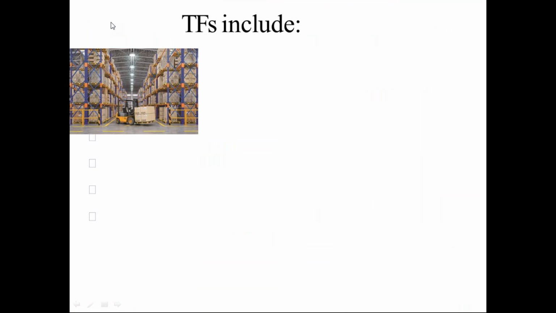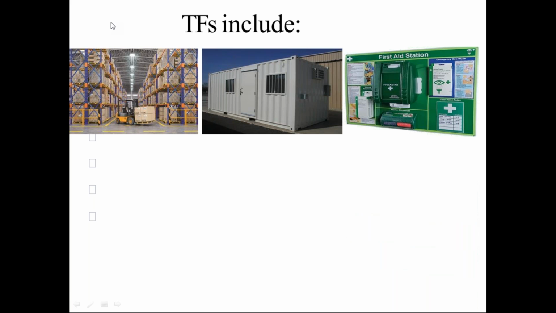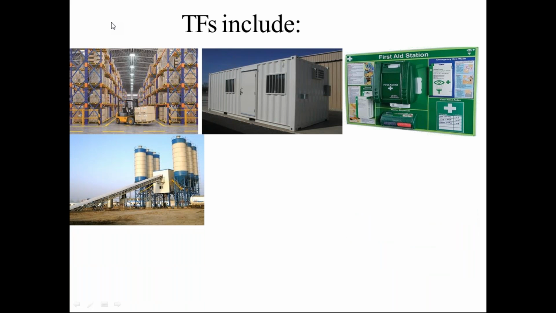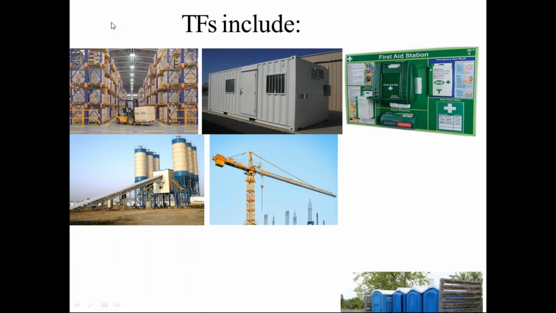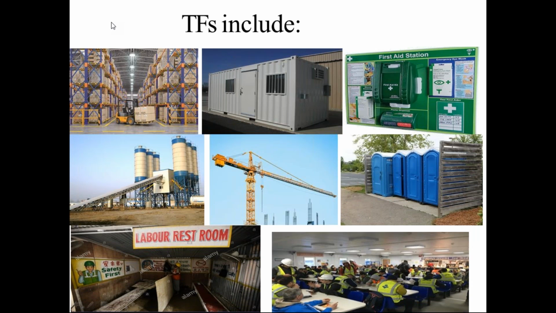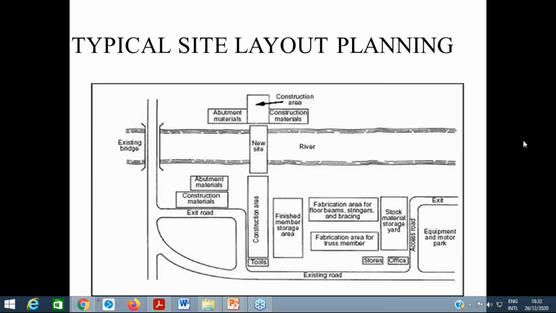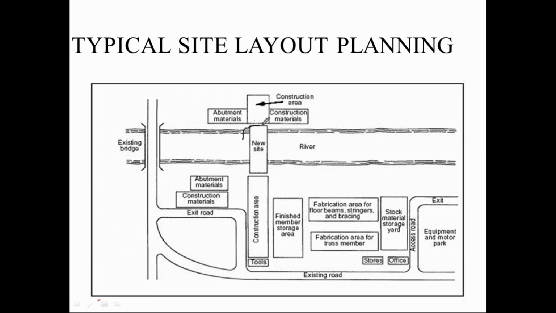So we have seen that it includes the warehouse, site office, first aid station, batching plant, trains, public toilets, labor restroom, and the canteens. This is a typical site layout of a bridge site, wherein we can see that this is the new site which is to be constructed.